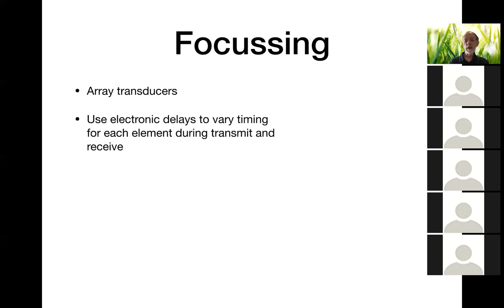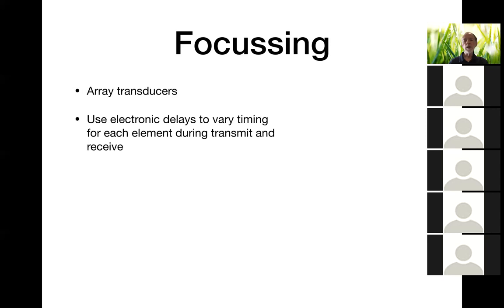The machine then has a series of electronic delays, and I'll show you a diagram in a moment, and these allow it to vary the exact time at which each element transmits, and also to change the timing of the received echoes.